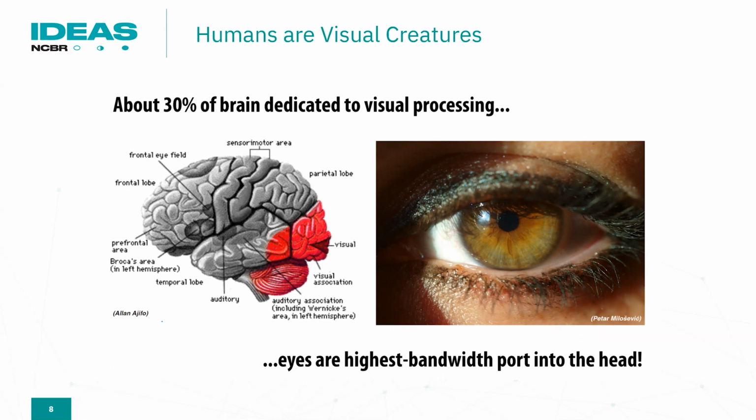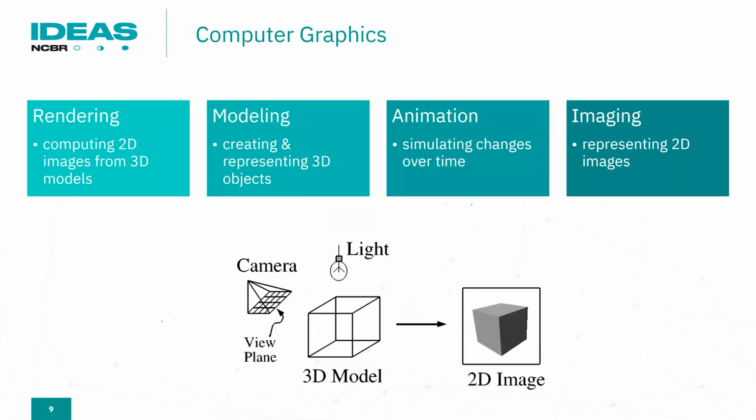Eyes are the highest bandwidth port into the head. That's why we have the saying, one picture tells more than 1,000 words. And that's what we want to do in graphics: we want to create visual content, including various types of information.